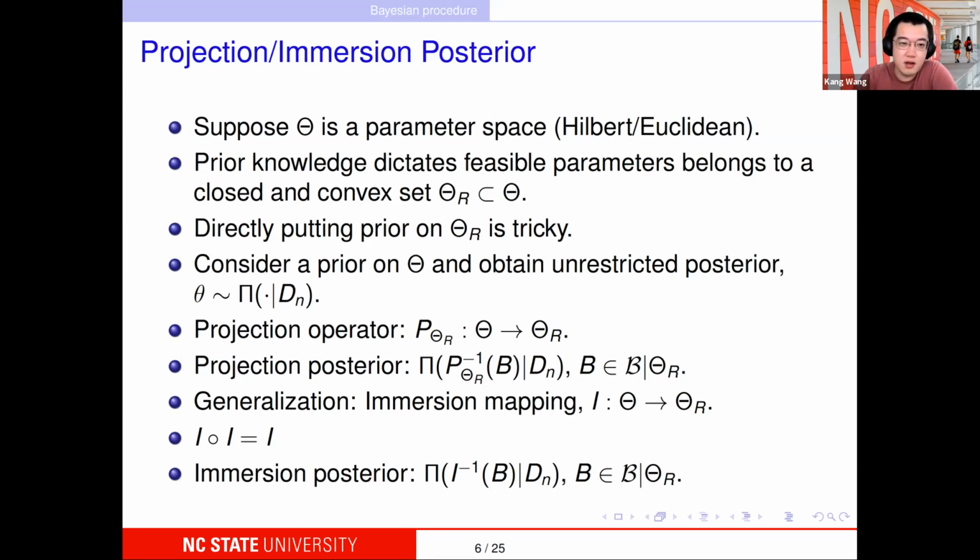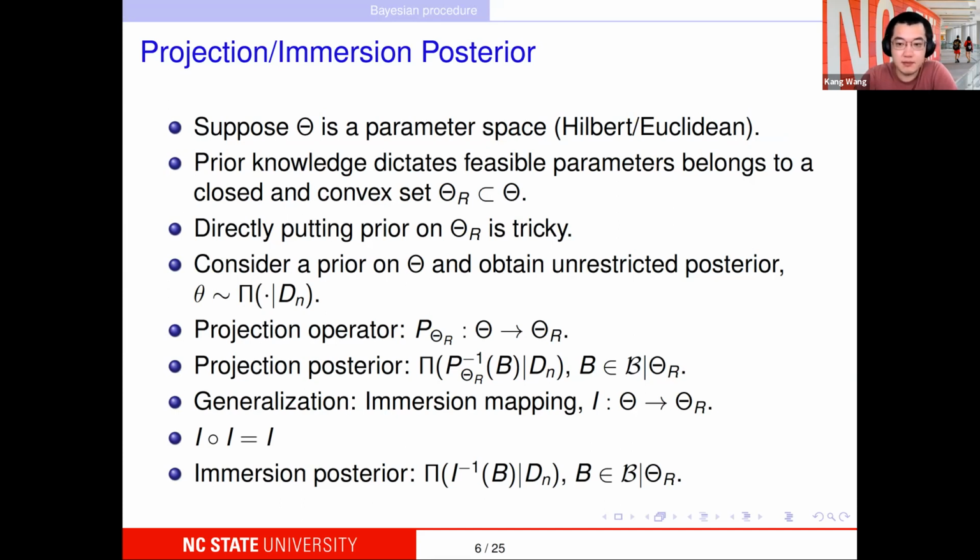Directly putting a prior on Theta_R is usually very hard. So we impose an unconstrained prior on Theta, and we can easily obtain the unconstrained posterior using conjugacy and conventional techniques.